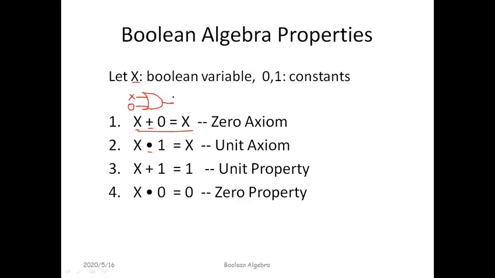So x is one of the inputs, or 0, like this. If x is 1, then we expect that the output will be a 1. If x is a 0, then the output will be a 0. This is what is meant here.